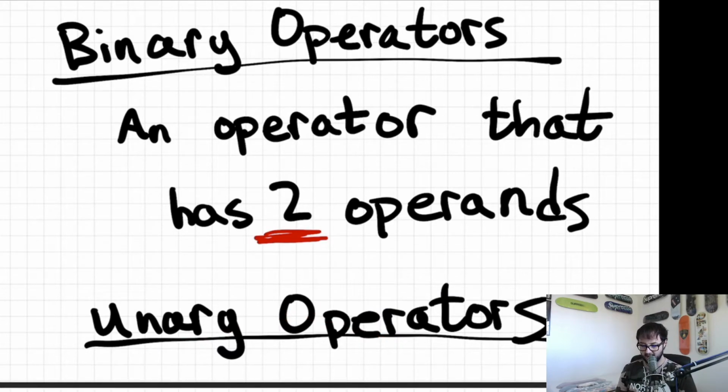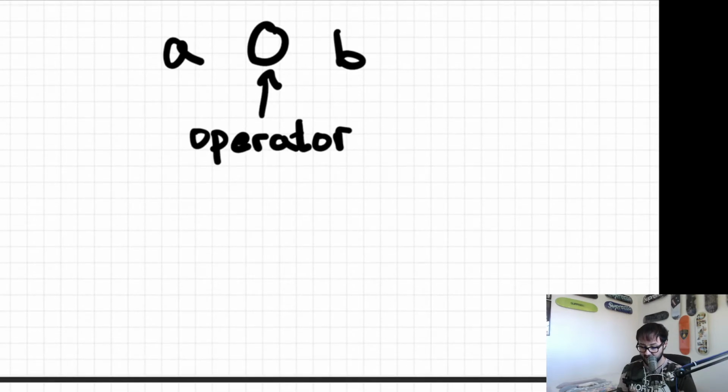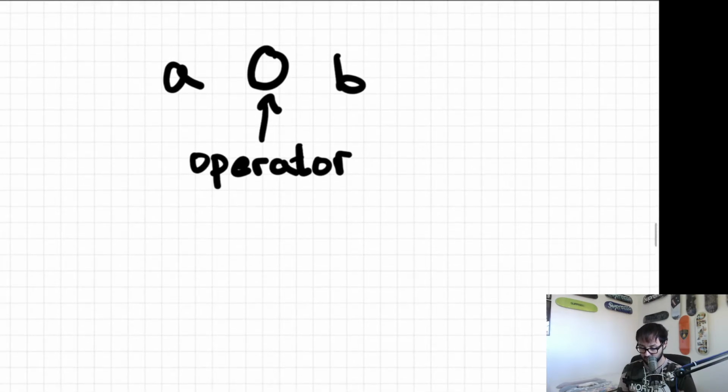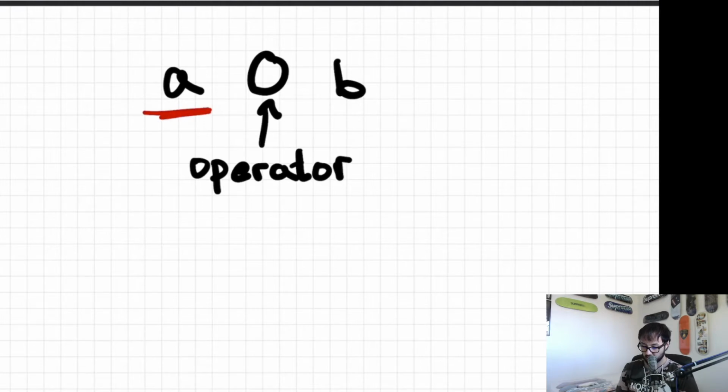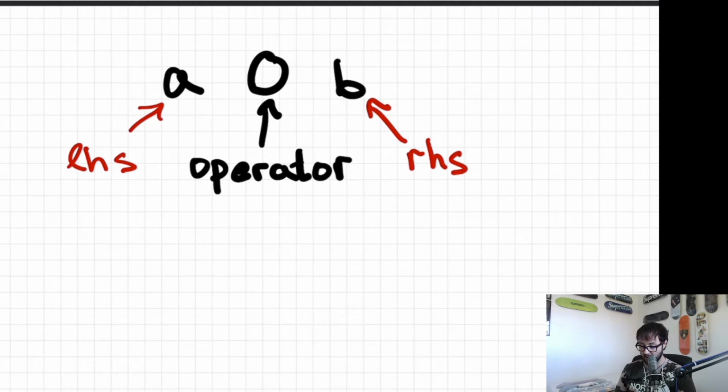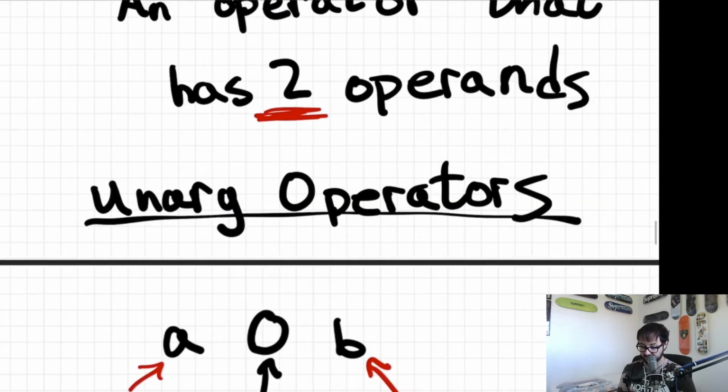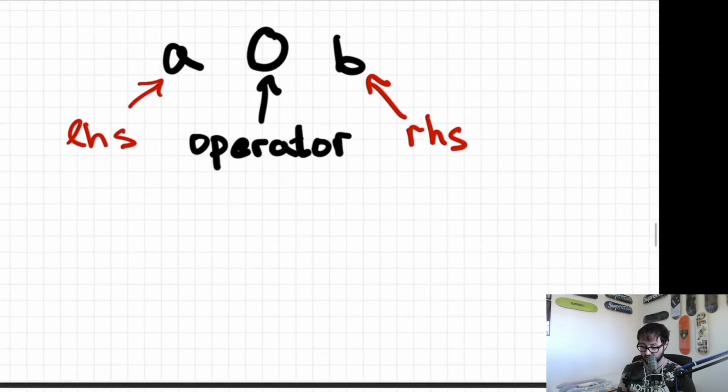And a binary operator basically goes A, operator, B. This is what's known as the left-hand side, and this is what's known as the right-hand side. So a binary operator has a left-hand side that gets operated on by the right-hand side.